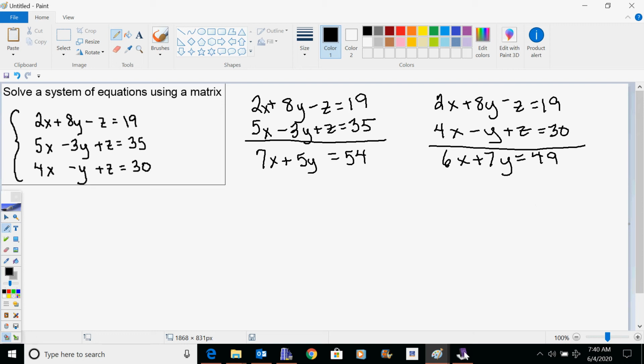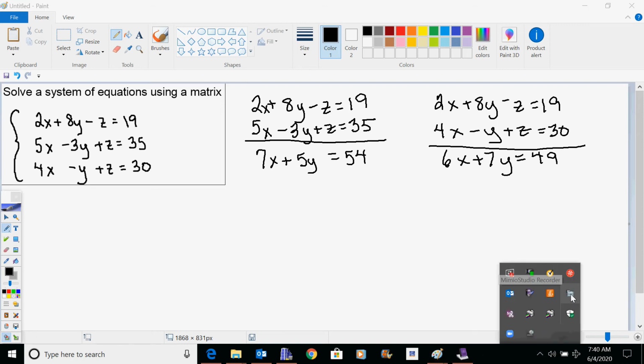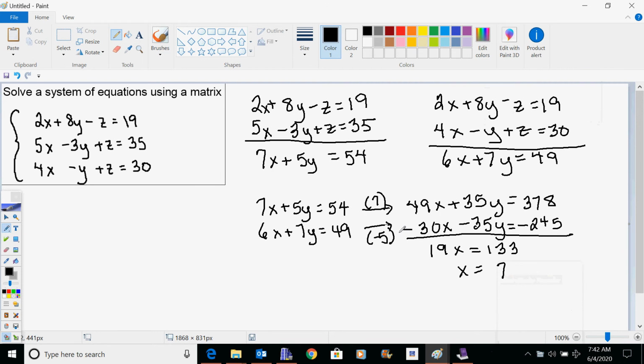In the interest of time, I'm just going to put you on pause for a second. Okay, so I did jump ahead a little bit so that you wouldn't have to waste time watching me write all this out. But if we take this equation that you got and this equation that you got and you're working towards elimination, we can multiply this one by 7 and this one by -5.